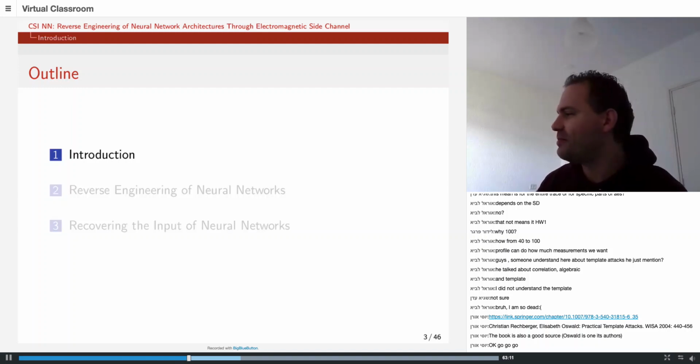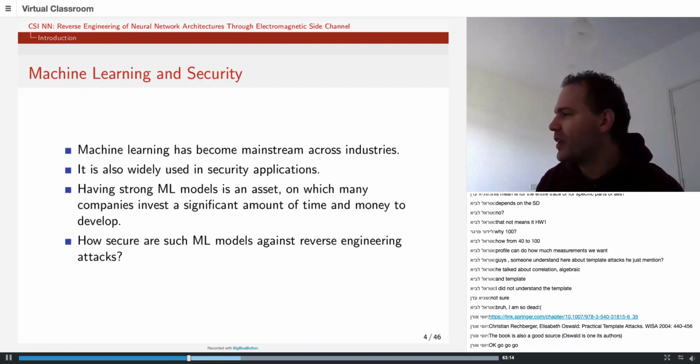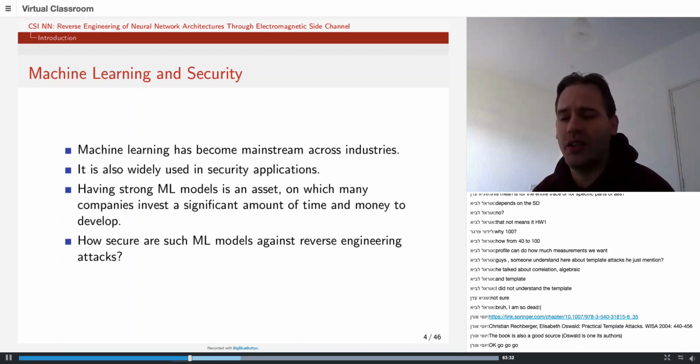So, starting, why do we even care? First question is, why would we even care? Do we protect our machine learning, our neural networks against side channel attacks? Well, actually, there are many reasons. For instance, the simplest reason why you would want to protect something like this is to think of it from this setting.